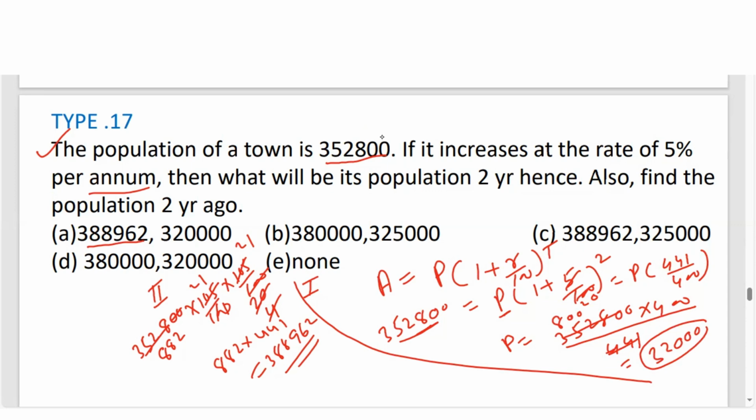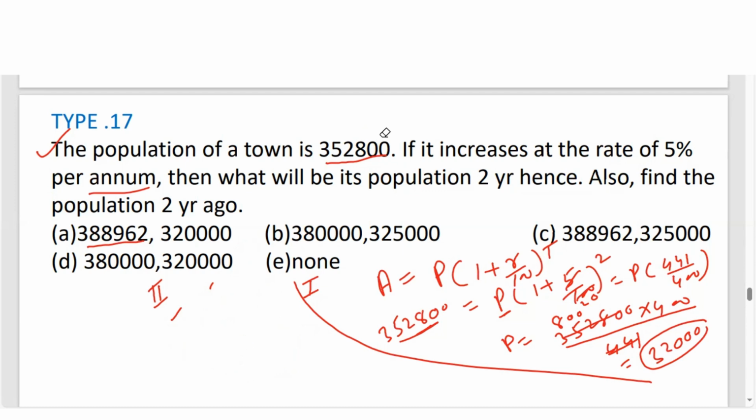So we got it; we have done the reverse of this question. Now the same question we are going to solve by logic. Logically what are we doing, see. It is given that presently the population is 352800, the present population, and the increasing rate is given as 5%. We need to find the population 2 years ago.